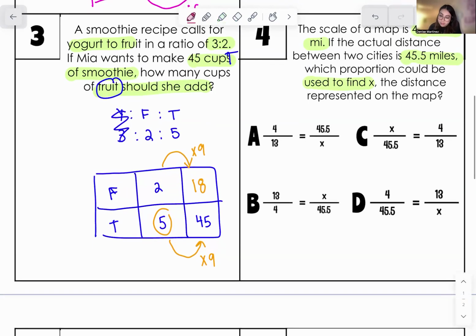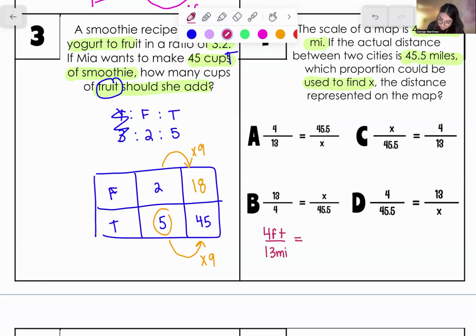So I'm just going to make my own proportion before I look at any of the answer choices. So I'm going to write 4 feet, 13 miles is equivalent to 45.5 miles. And I don't know what X is.